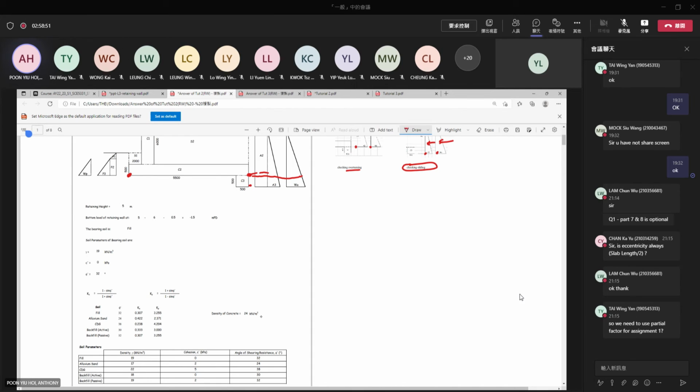And then we will use the Ka of the backfill for this soil, which is this one here. And for the passive pressure, we will use this soil. Okay, and there's a little bit of cohesion.